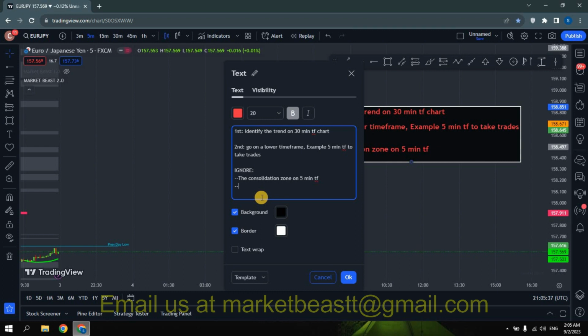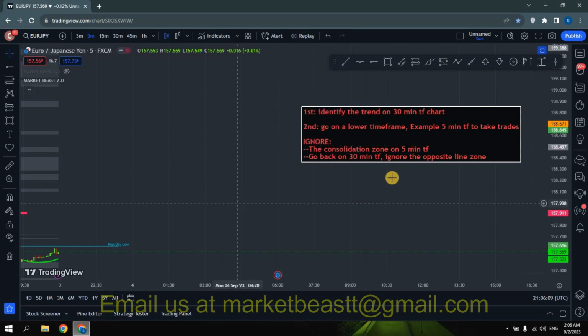And the second thing we are going to ignore, we are going to go back on 30-minute time frame. Ignore the opposite line zone. What I mean by opposite line zone, I hope you got this now.